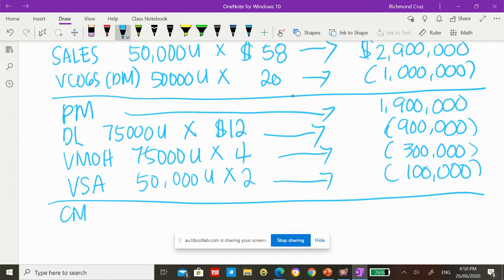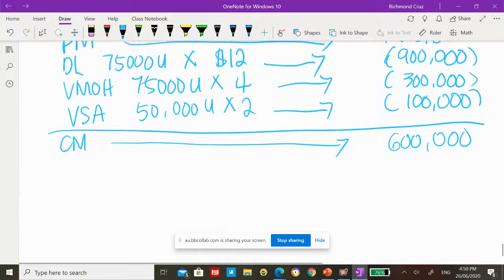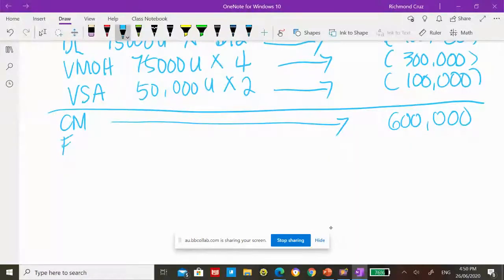The contribution margin is 1,900,000 minus 900,000 minus 300,000 minus 100,000, and this is 600,000. Then we need to deduct the fixed manufacturing overhead.